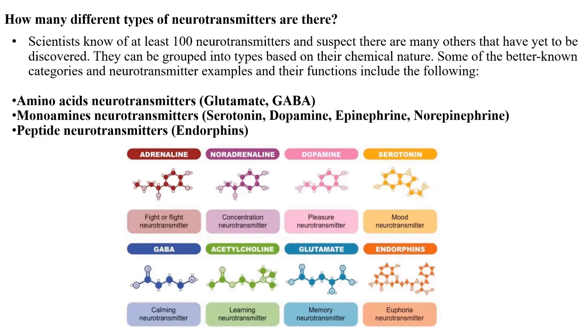Some of the better known categories, neurotransmitter examples and their functions: you can divide it into three main categories. Amino acid neurotransmitters, which include glutamate and GABA. Then monoamine neurotransmitters, which contain serotonin, dopamine, epinephrine, norepinephrine. Then peptide neurotransmitters, for which the example here is endorphin.